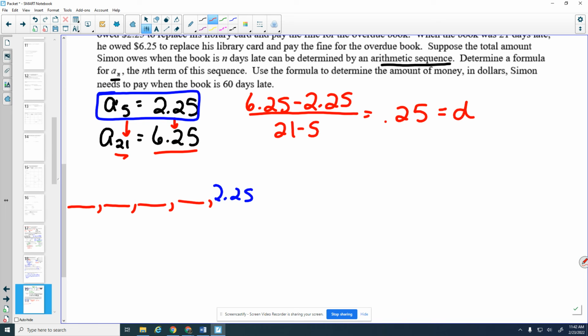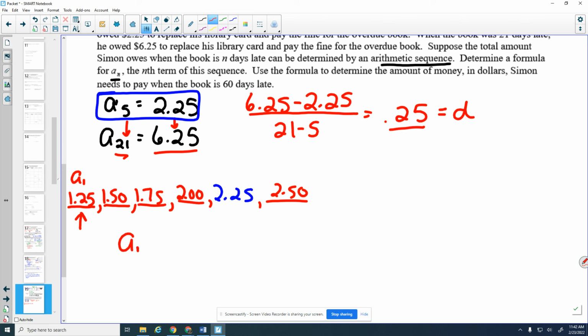If I moved forward 25 cents, I would have 250. If I move backward, it's going to go down 25. So I have $2, and I have 175 and 150, and then 125. So this must work out that they charge more for the first day it's late, and then less as the days go on. So this is a sub 1.